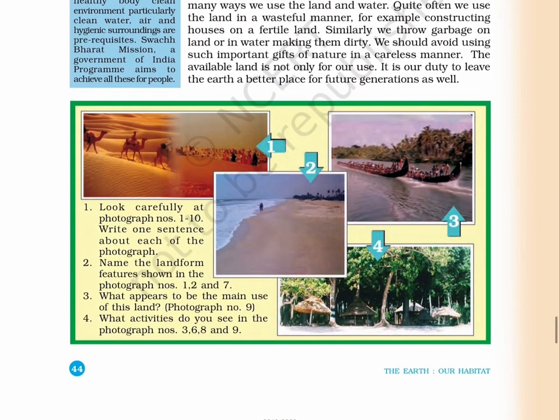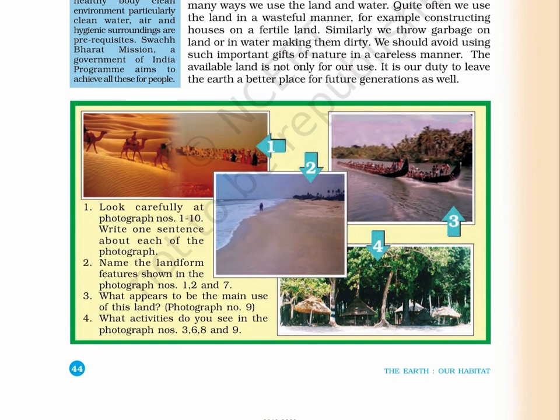1. Look carefully at photograph number 1 to 10. Write one sentence about each of the photographs. 2. Name the landform features shown in the photograph numbers 1, 2, and 7. 3. What appears to be the main use of this land, as shown in photograph number 9? 4.